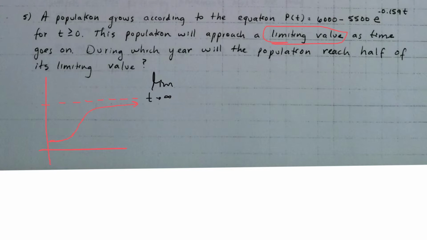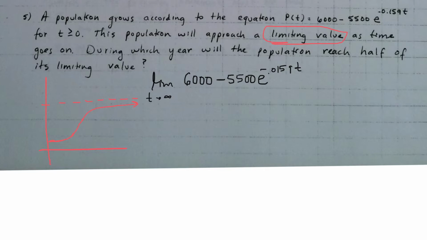And what are we taking the limit of? Your population, which is 6,000 minus 5,500 e to the negative 0.0159 t.